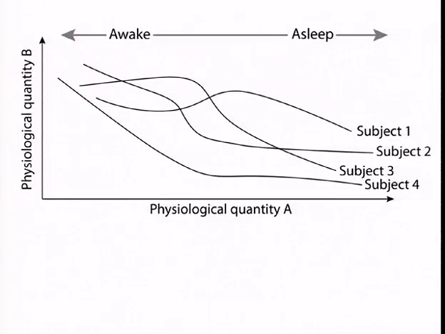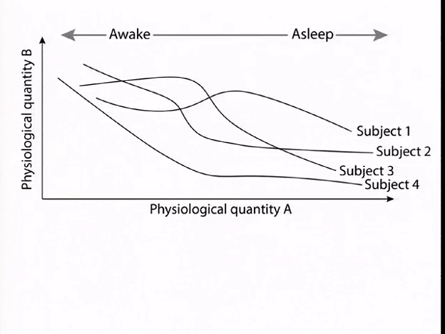And if we went to an individual's brain at a particular moment in time and then measured these quantities, we would see that at that moment, they would be at a single point on this plot. And then if we measured those quantities repeatedly over time, as their brain state was changing, we would see that they would trace out these trajectories on the plot over the sleep-wake cycle, or over other changes in brain state.